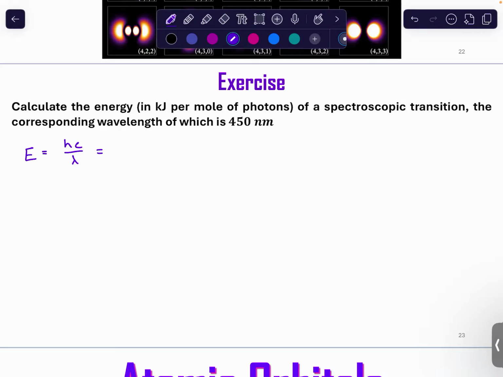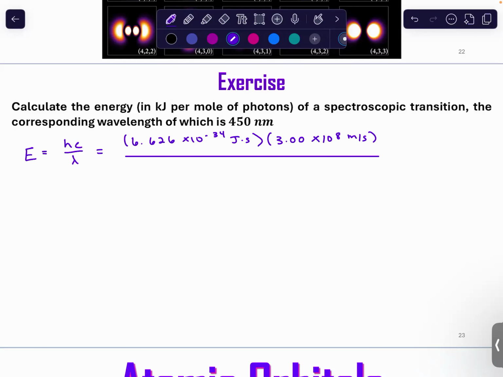So what do we have here? Well, h is 6.626 times 10 to the negative 34 joule-seconds. Speed of light, we'll just use 3.00 times 10 to the 8th meters per second, over 450 nanometers.